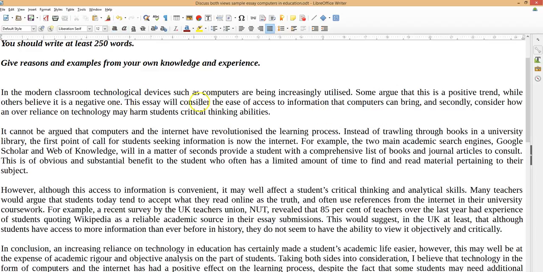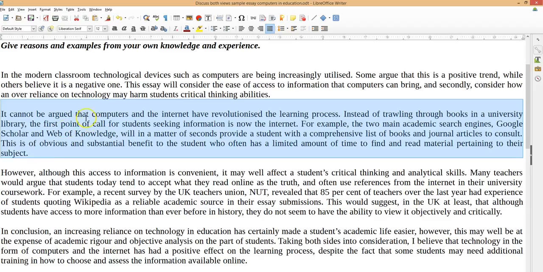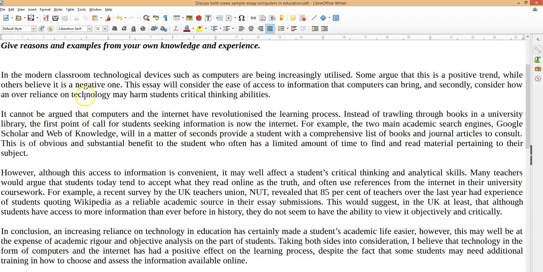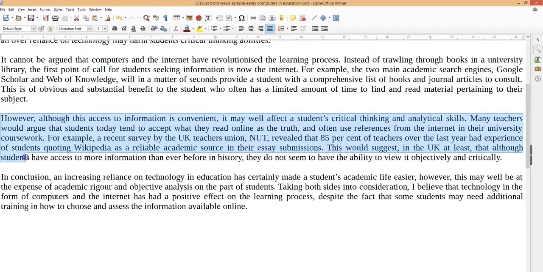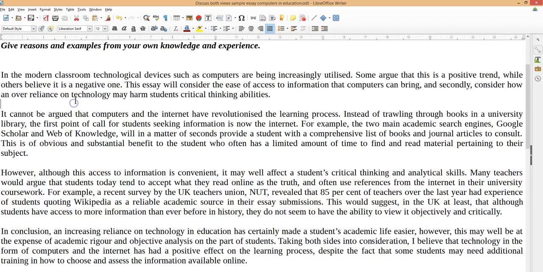This essay will consider the ease of access to information, view number 1, and consider how an over-reliance may harm students' critical thinking abilities, which we'll find there. So, it cannot be argued that computers and the internet have revolutionized the learning process. So that's my main idea.